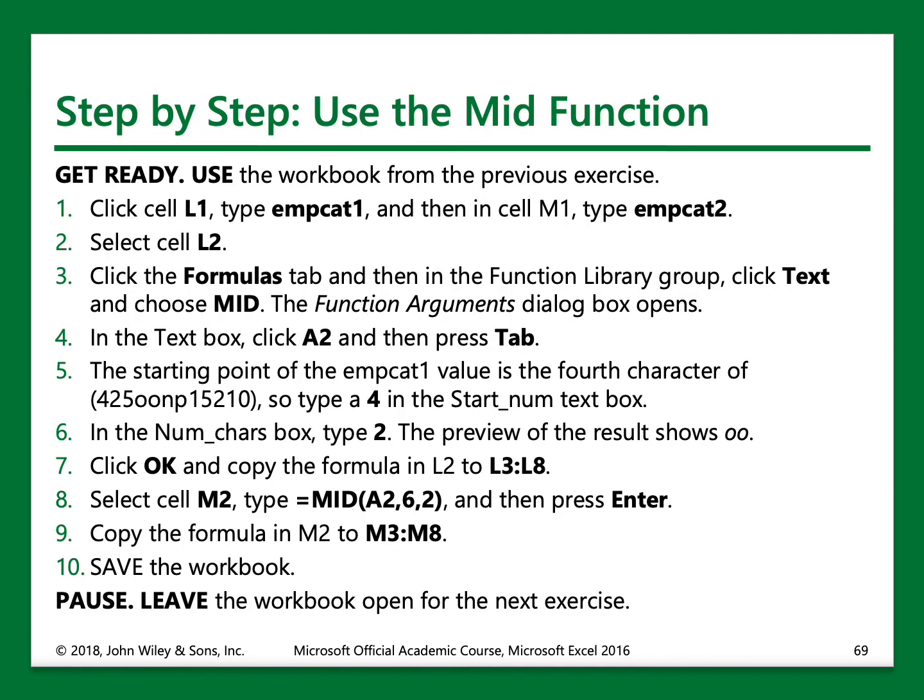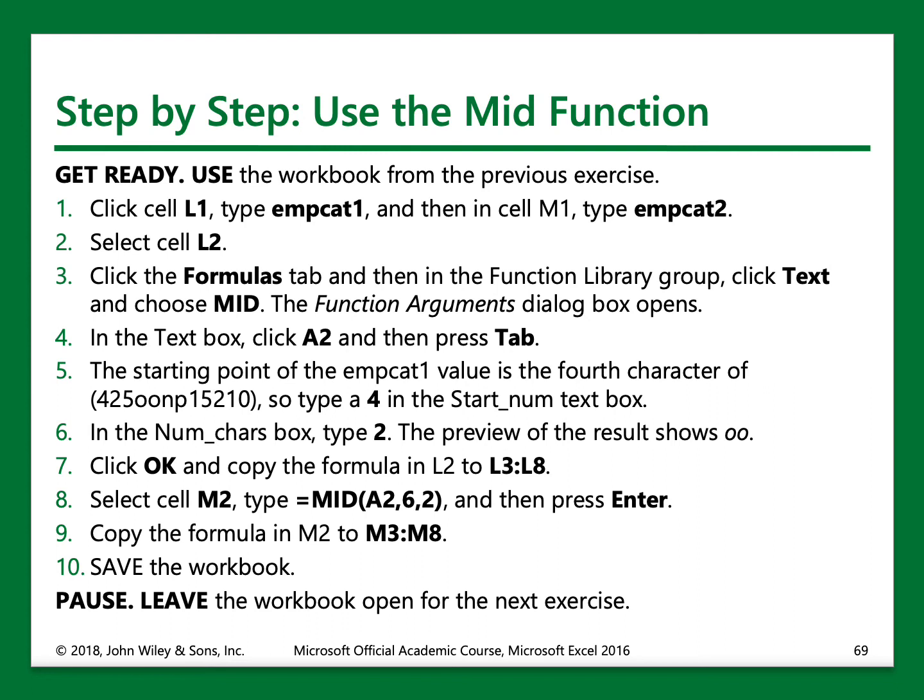So if you go to cell L1 and type mcat1, and then go in cell M1 and type empcat2. So employee category 1 and 2. Then in cell L2, use the MID function. And what we're going to do is look at the fourth character of this data here from A2.